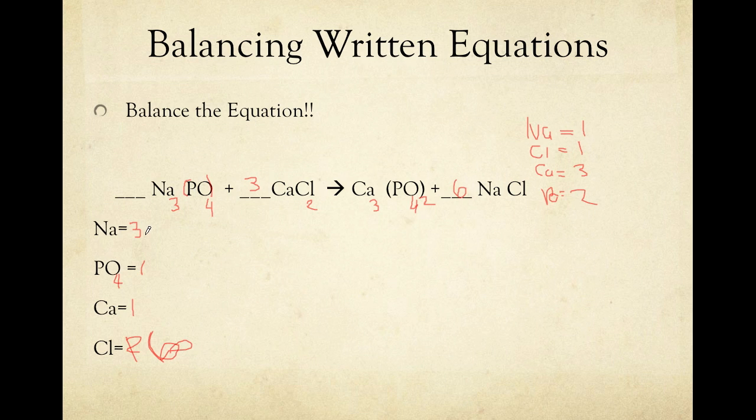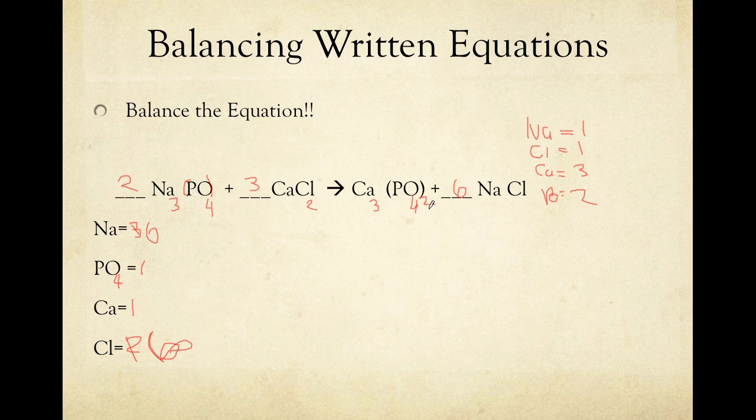But we have 6 sodium here, and on this side we have 3. So what we could do is put a 2 in front. When you distribute it, you'd get 6, which matches this side. The sodium and the chloride are already balanced, and so is the calcium. And when we distribute this 2, we also distribute it to the phosphate, and the phosphate now has 2 molecules.